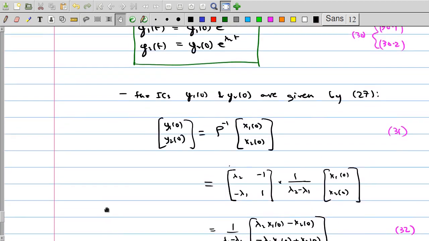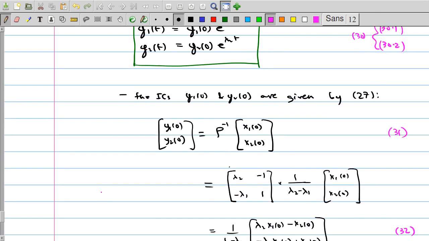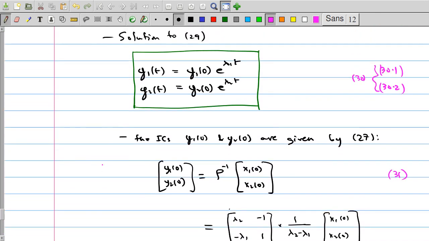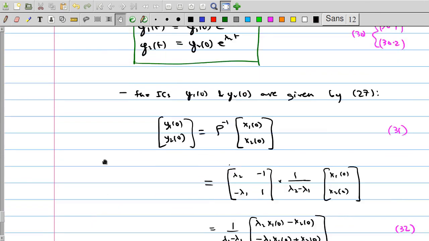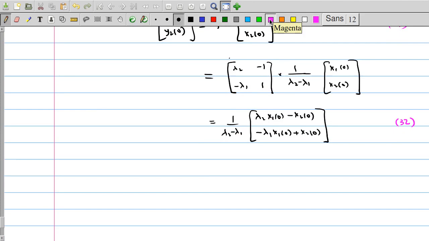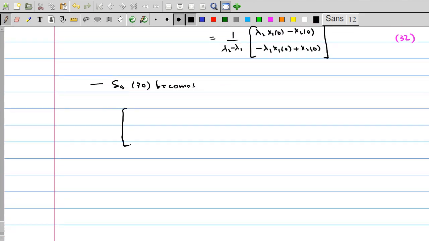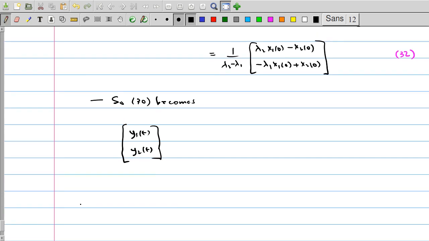So then let's go to the trouble of actually writing these out in terms of this. So that is to say, 30 becomes y1(t), y2(t). You see why Michelle didn't go through this in the class. But it might have been helpful to have a video or a document up on the side.